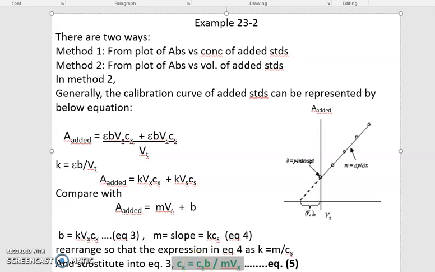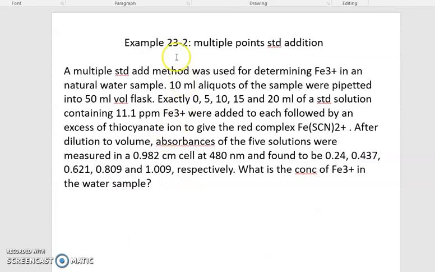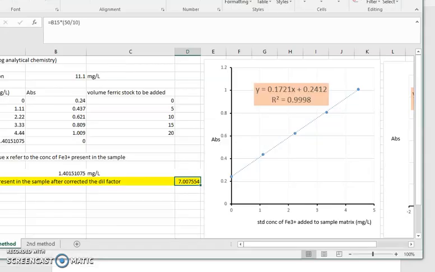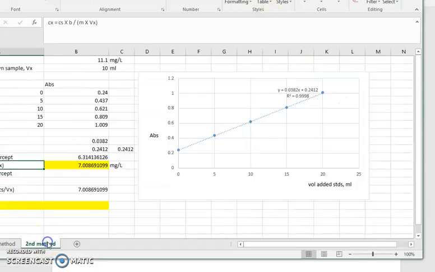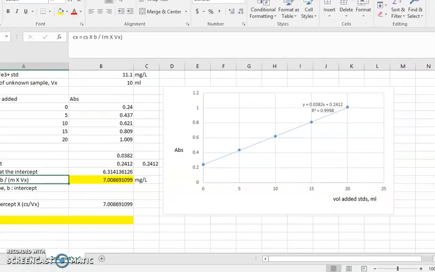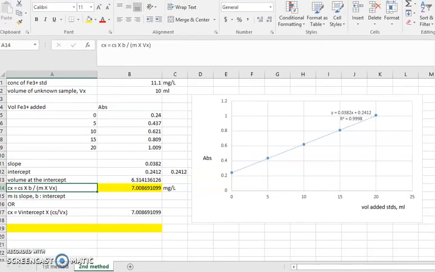Now I will show you how we can apply this equation using this exercise example.